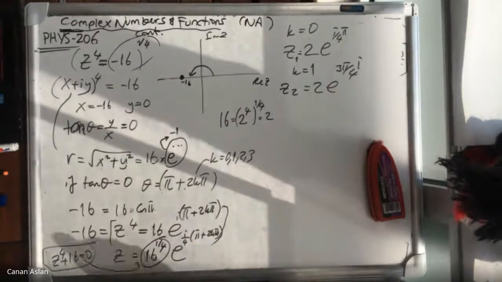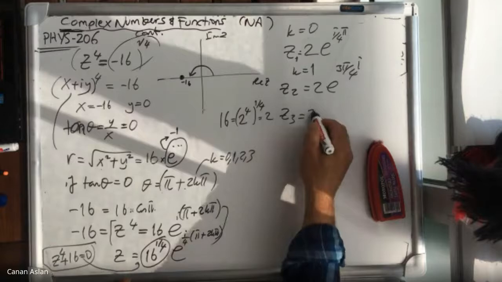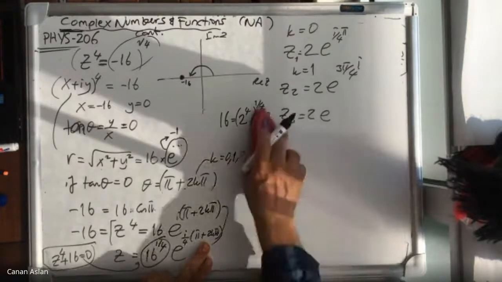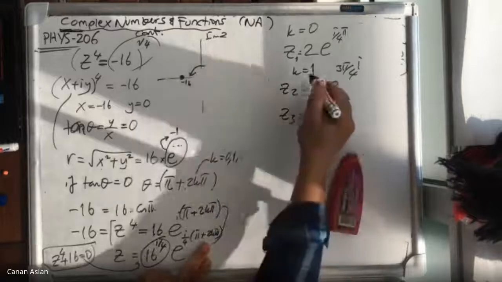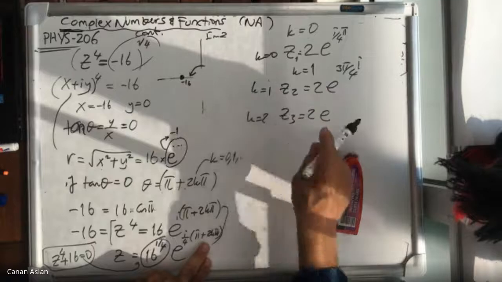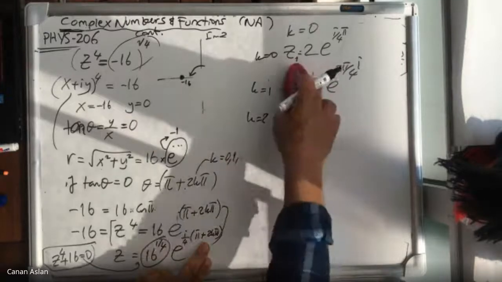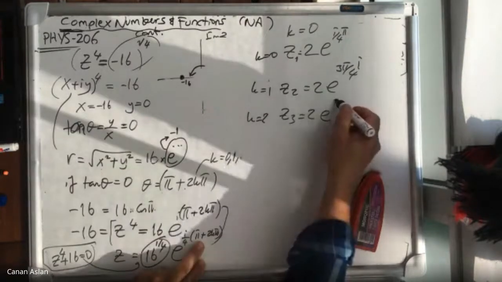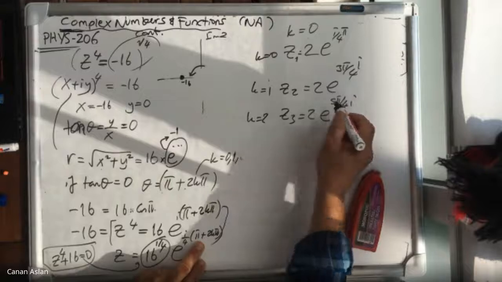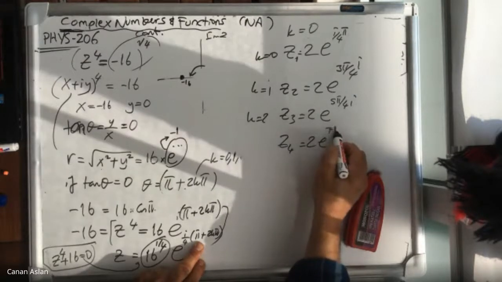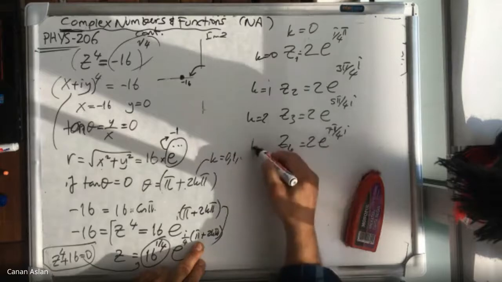Then z3 is 2 e to the, this is for k equals 0, this is k equals 1, k equals 2, so pi plus 4 pi, which is 5 pi over 4 i, and then z4 is equal to 2 e to the 7 pi over 4 i. So this is k equals 3.